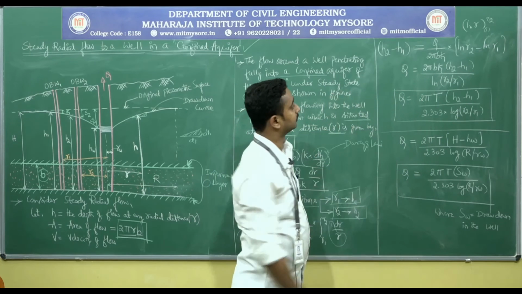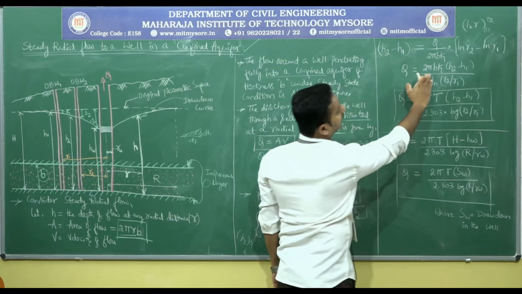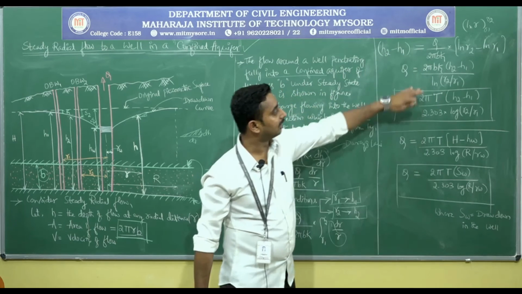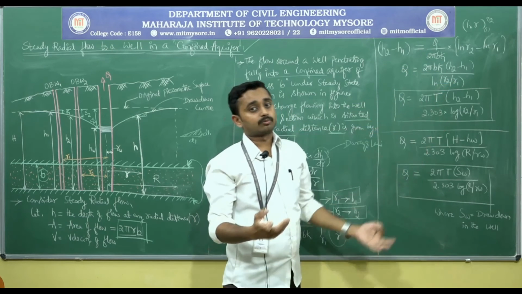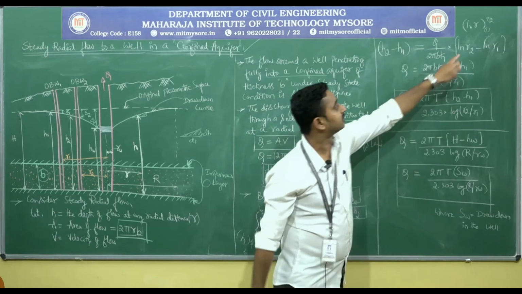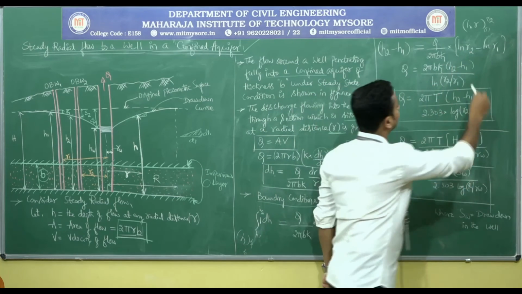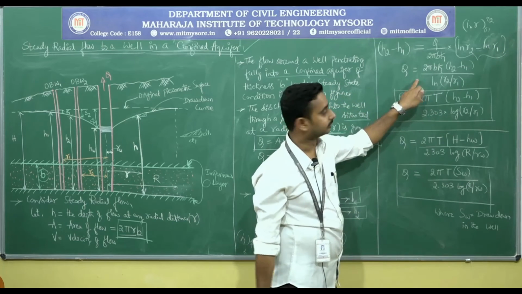Now rearrange the terms. Q equals 2 pi bk into h2 minus h1 divided by ln r2 minus ln r1. Log a minus log b is nothing but log a by b, so simplify this term to ln r2 by r1.